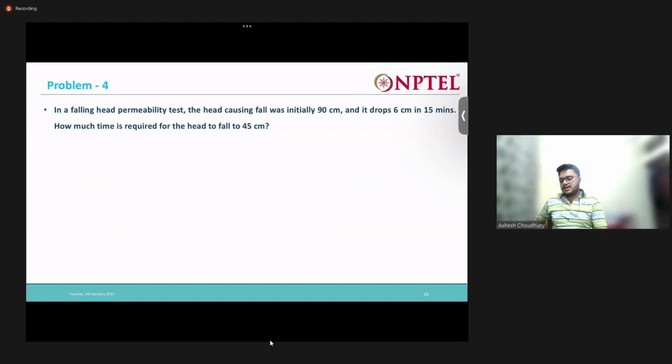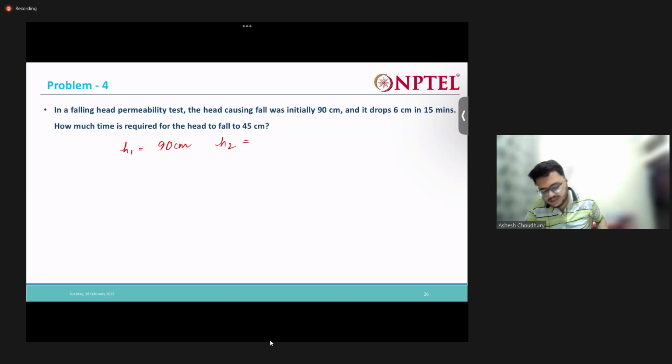So now let us go to the next problem. In a falling head permeability test, the head causing flow was initially 90 centimeter and it dropped 6 centimeter in 15 minutes. So my initial head H1 was 90 centimeter and H2 was how much?